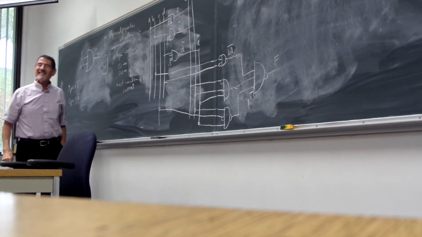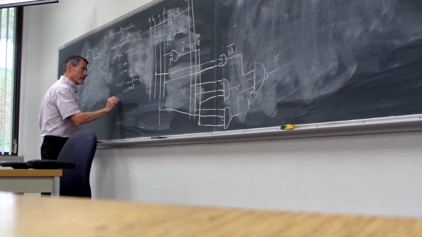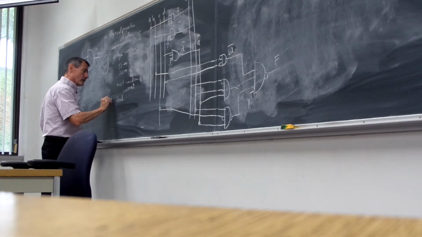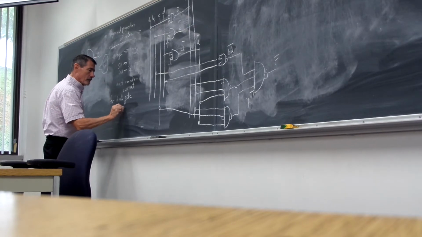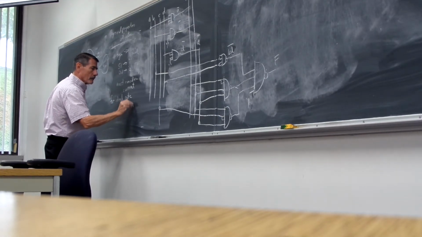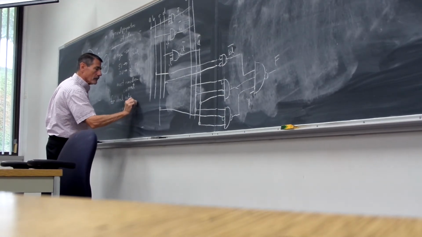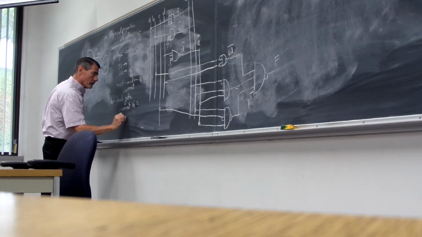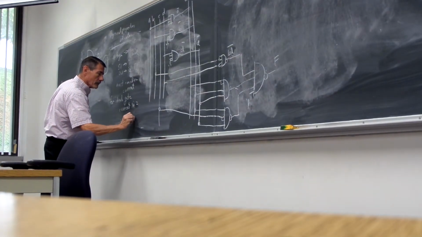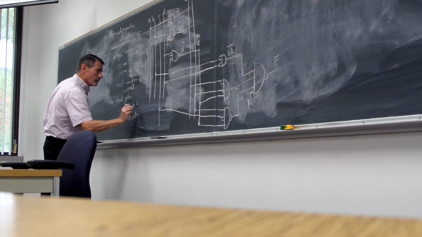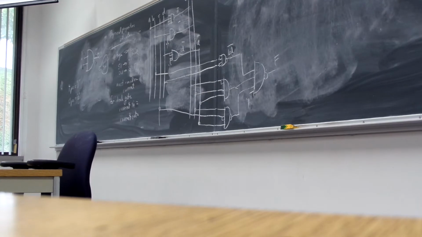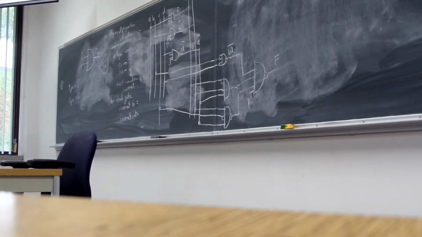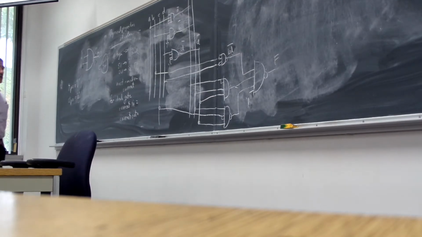So for an ideal gate, current in would be what? 0. Okay, it would not take any current to make it happen.